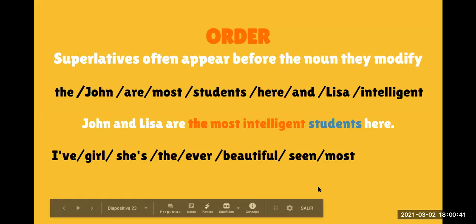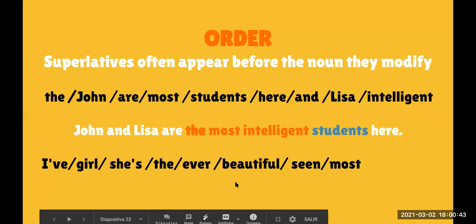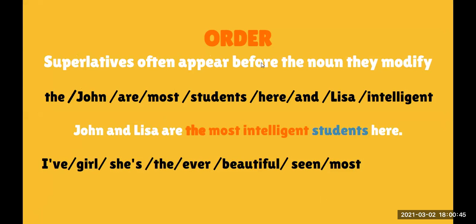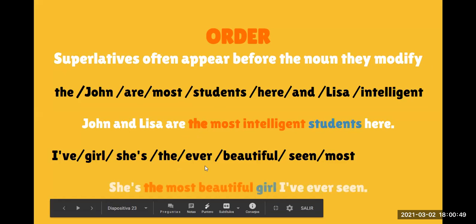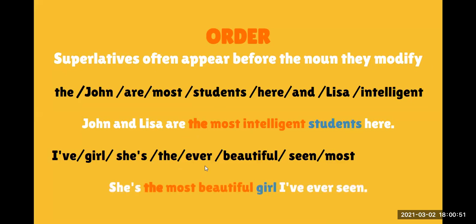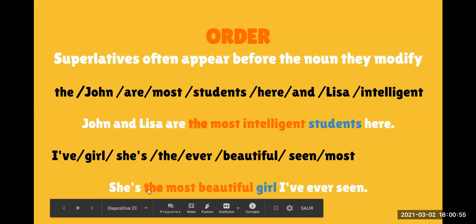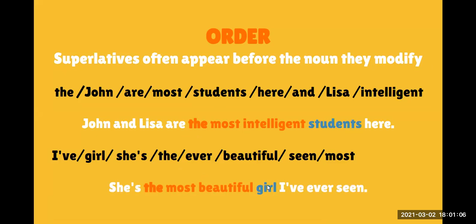She is the most beautiful girl I have ever seen. Okay, very good. She's the most beautiful girl I've ever seen. As you can see, the most beautiful is before the noun that we are modifying. So this is the order that we need to follow when we are using superlatives.